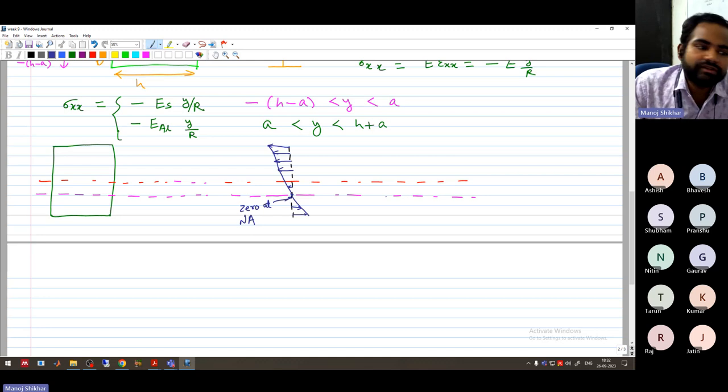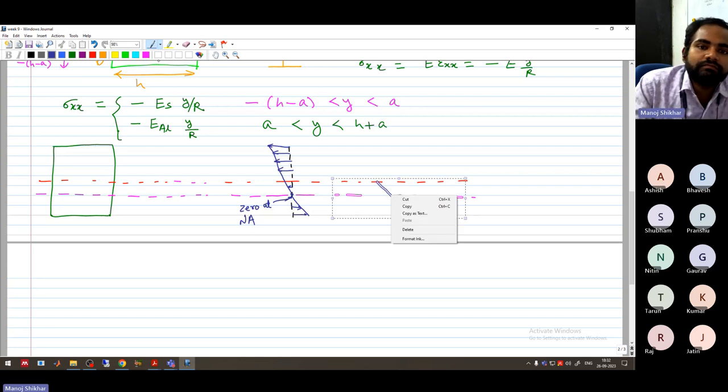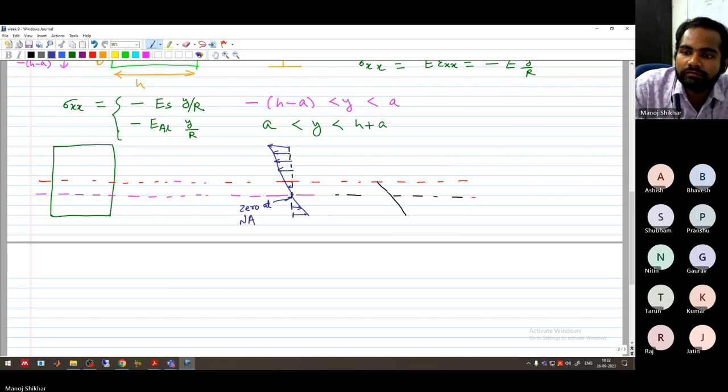For stress also, stress will be 0 at neutral axis. So this is the 0 point. Suppose this is our stress.